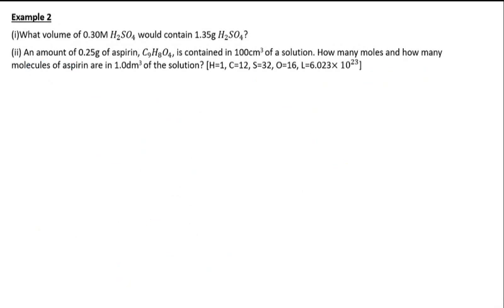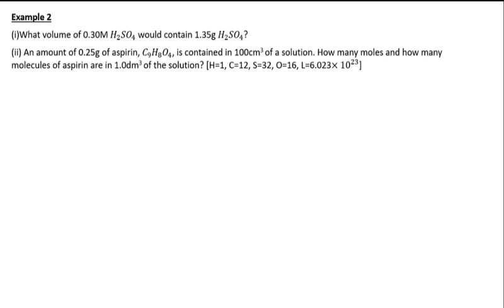I, what volume of 0.30 molar sulfuric acid or H2SO4 would contain 1.35 grams of sulfuric acid? II, an amount of 0.25 grams of aspirin with the formula C9H8O4 is contained in 100 cm³ of a solution.